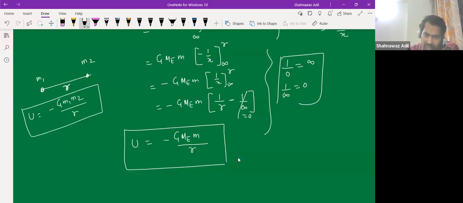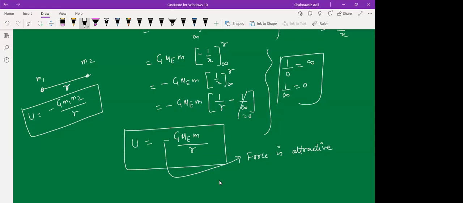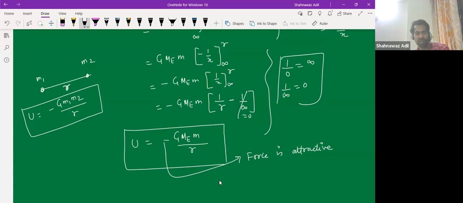This minus sign signifies that the force is attractive. Is this thing clear?